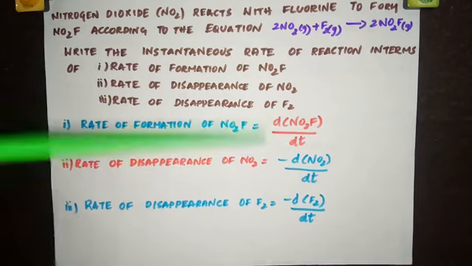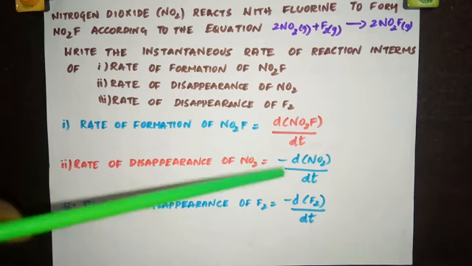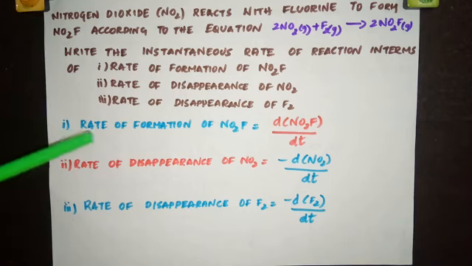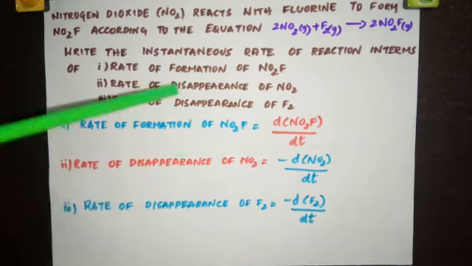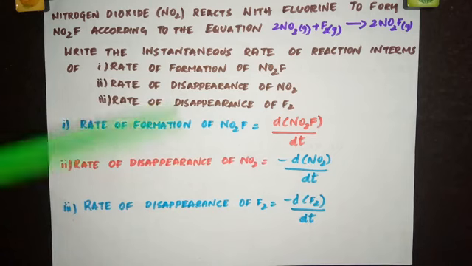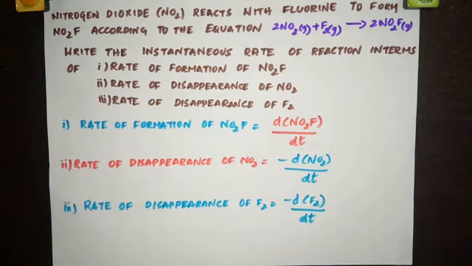Only when you divide it by the proper coefficient and represent it in terms of rate of the reaction, then you can equate all the three, because the rate of appearance of this and rate of disappearance of this is not equal. But the rate of the reaction in terms of this and this are equal, because you are multiplying the rate of appearance and disappearance with proper stoichiometric coefficients. Now we will move on to the problems.